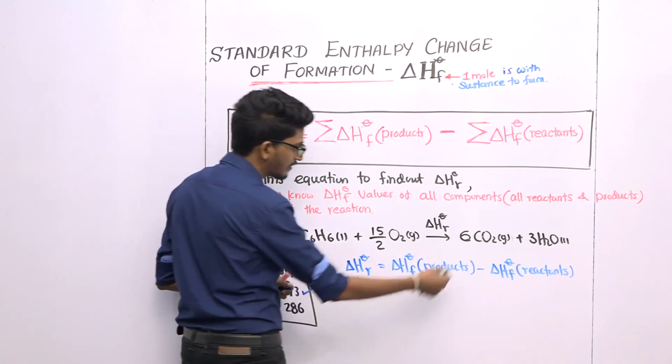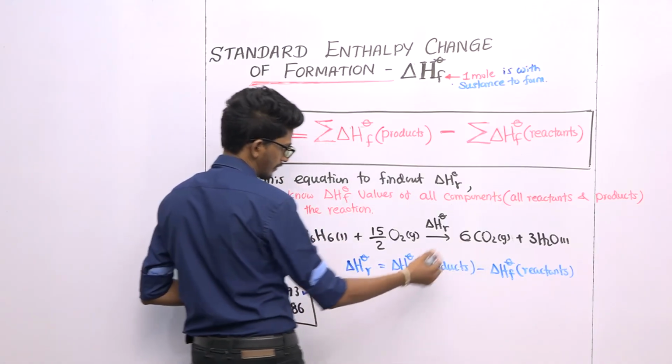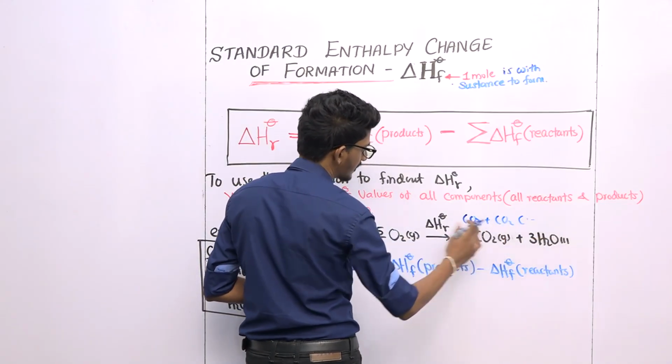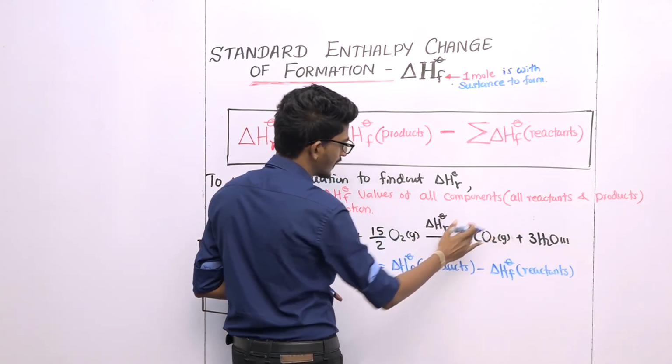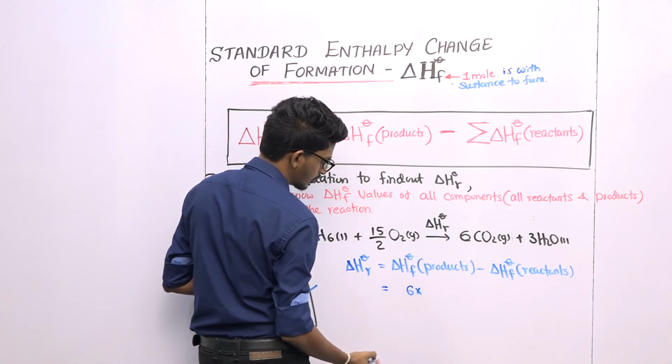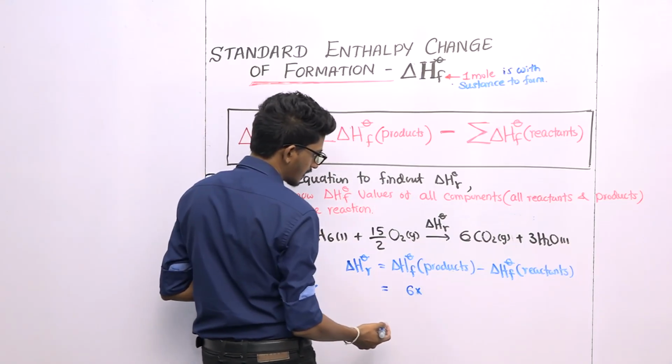But here you have 6 moles of CO2, that means CO2 is appearing 6 times. So 6 times the formation of CO2 should be provided to do that change.